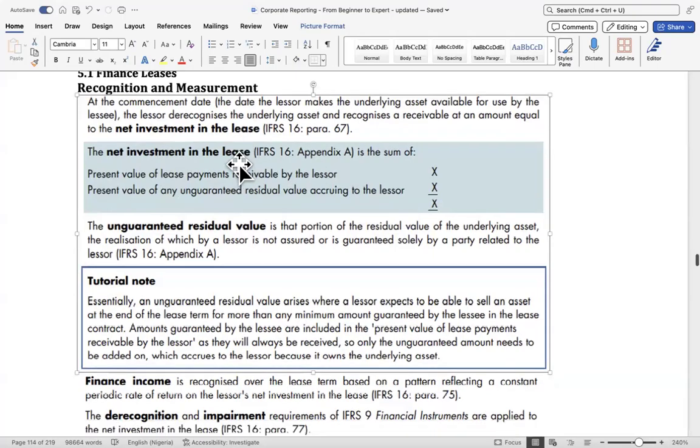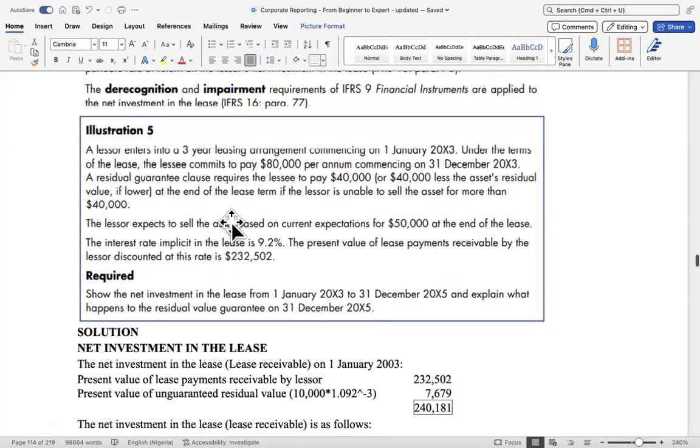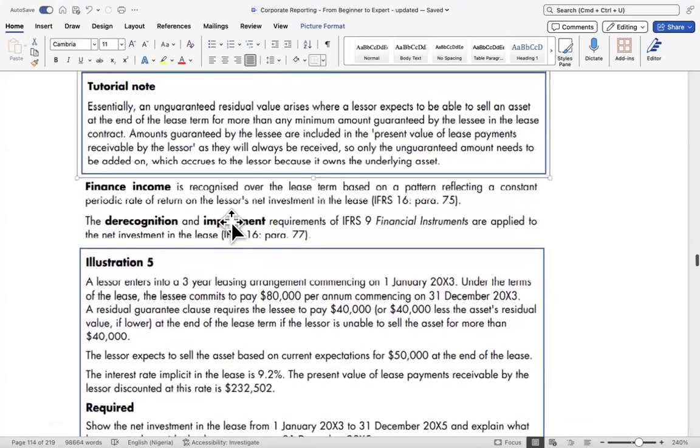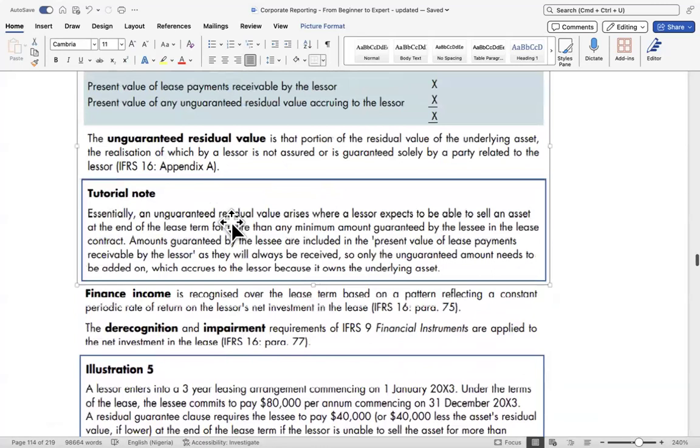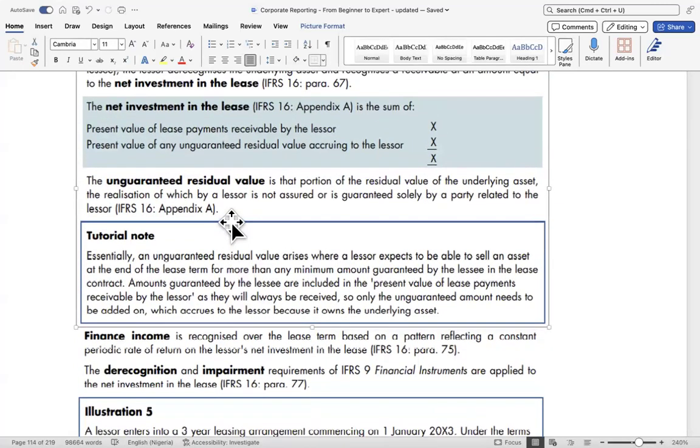So that is that. And of course, at the end of the year, just as the lessee has done, the lessor would also increase these investments with interest, and decrease it with lease rentals every year.